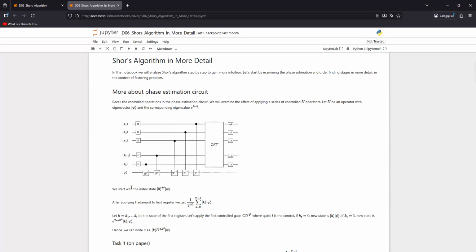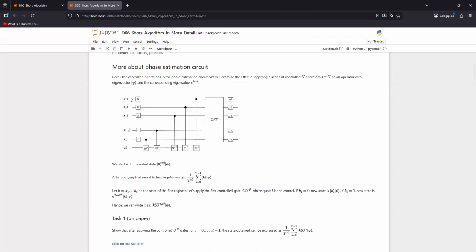Here we have our initial state, where we have zeros in the eigenvalue register and some eigenstate register. Then, as you can see, we apply the Hadamard gate, and then we apply those controlled U gates, the ones that you can simply upload.